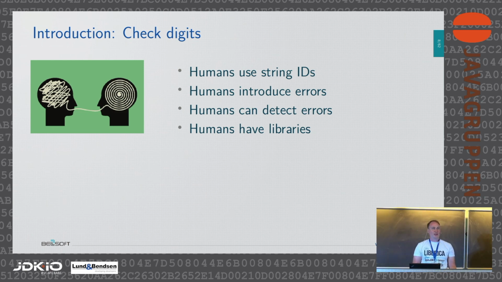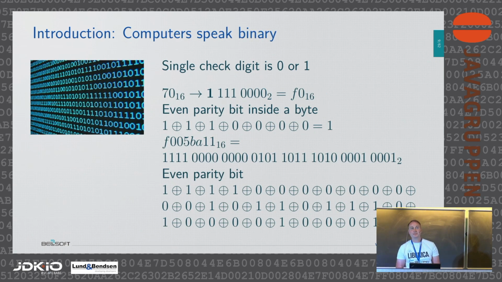So a human can calculate such a checksum. Computers, well, we make them behave like ourselves, but they are much more simple. They operate with two symbols, two digits, 0 and 1, and they can basically do the same thing.